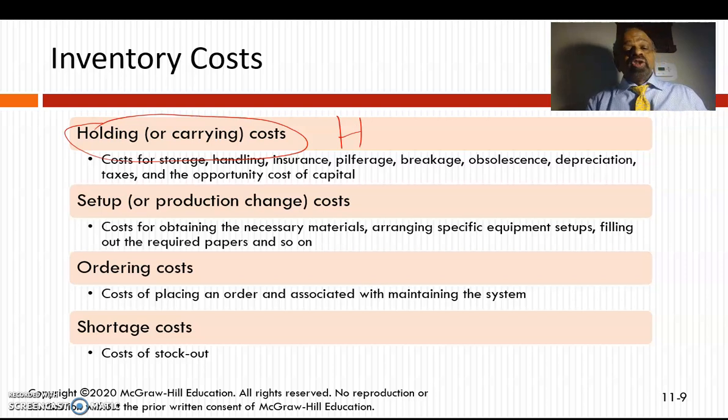Setup or production change costs. These are costs for obtaining necessary materials, arranging equipment setups, filling out the required papers, and so on. For instance, if you want to change a tire for your car, you're going to set up now.